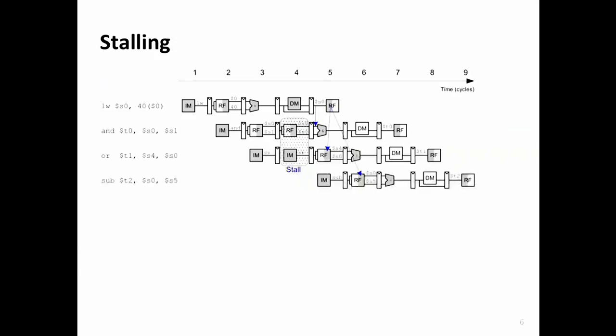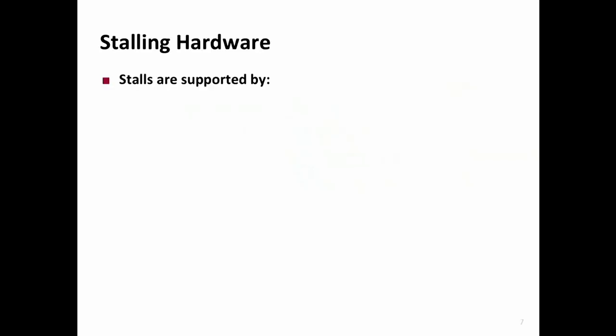The reason this is happening is load requires this stage and this stage. And it really takes 2 cycles to execute: 1 cycle to generate its address, 1 cycle to access memory. Whereas AND doesn't require 2 cycles. It just requires 1 cycle, and it just basically does nothing in this stage over here. So it's really a pipeline structure issue and the instruction latency issue.